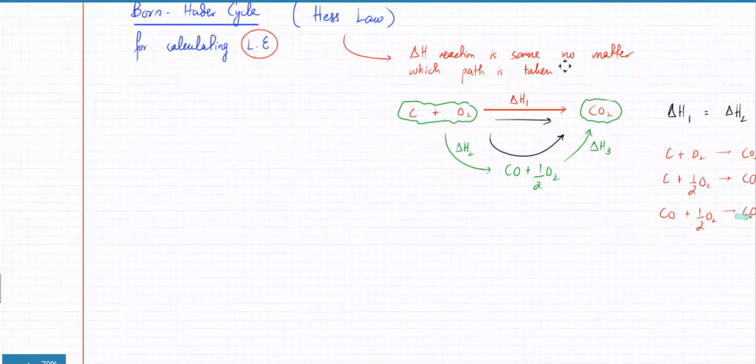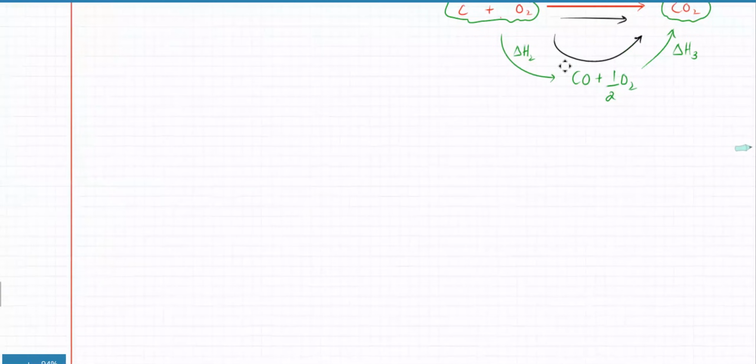And that is exactly what we're going to do for the lattice energy. That if lattice energy is not known, but you know other enthalpy changes, you can connect them together in a Born-Haber cycle, which is a Hess cycle, and you can find lattice energy. So this is how all Born-Haber cycles are going to be formed in this way.